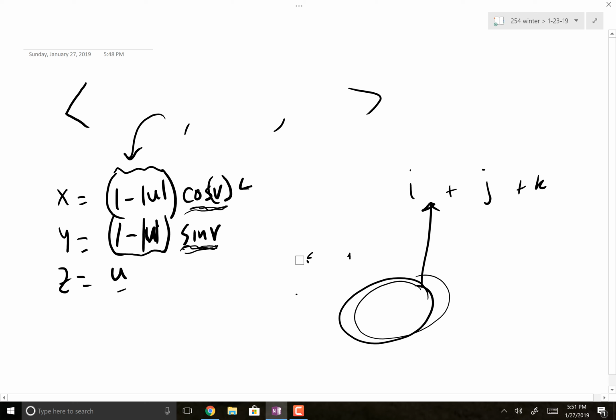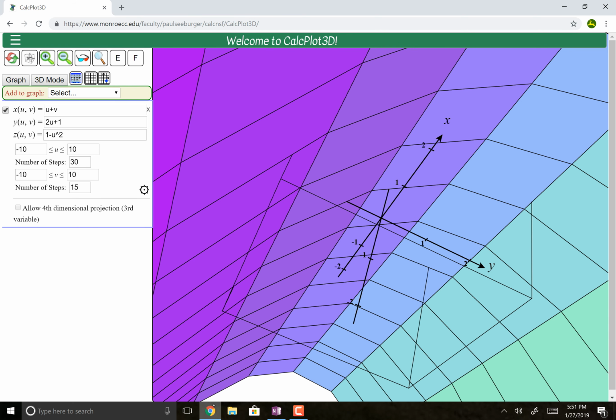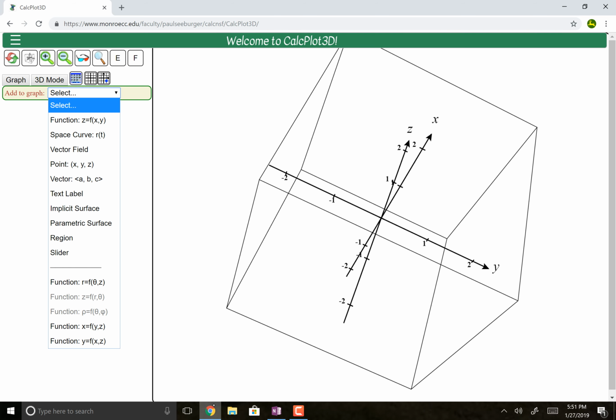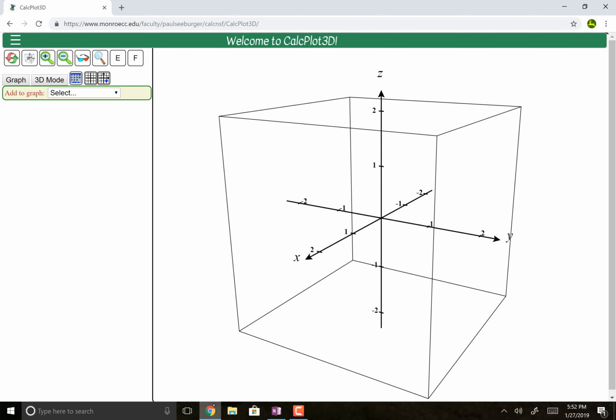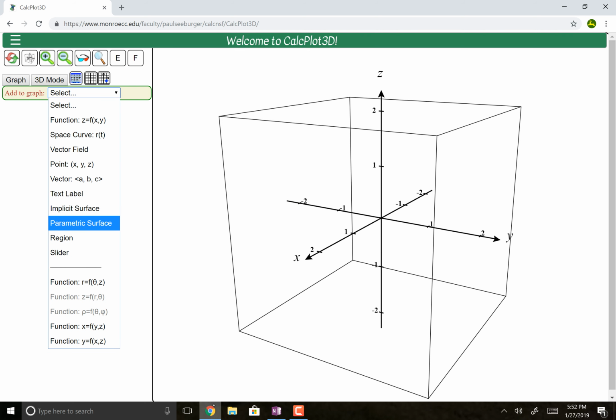Okay? So let's go look at the graph of this guy and just see what's what. So let's clear this mess. Alright, give me a parametric, actually refresh it first. Parametric surface.